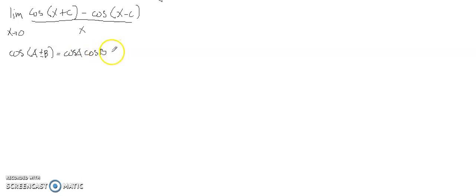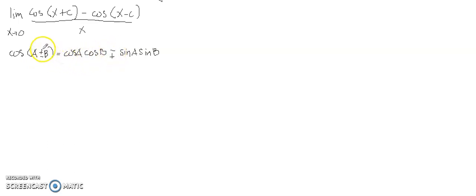okay, magbabaliktad naman yung ating sign. Minus plus sine A times sine of B. Okay, so meaning, kung cosine (A plus B) ang ginamit, ang magiging identity niya naman is cosine A cosine B minus naman.